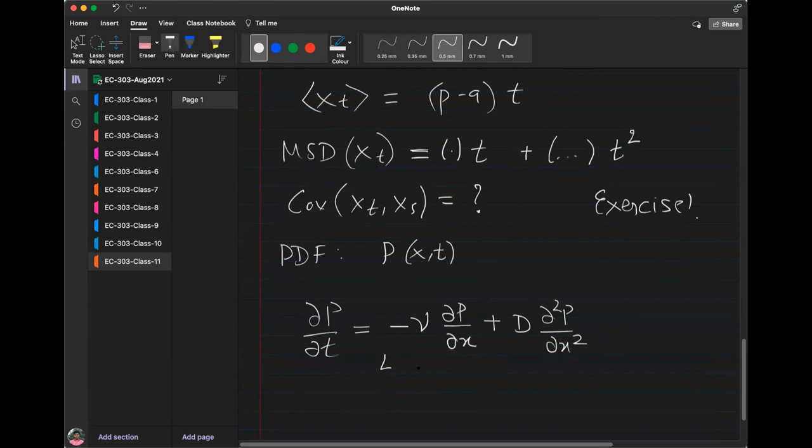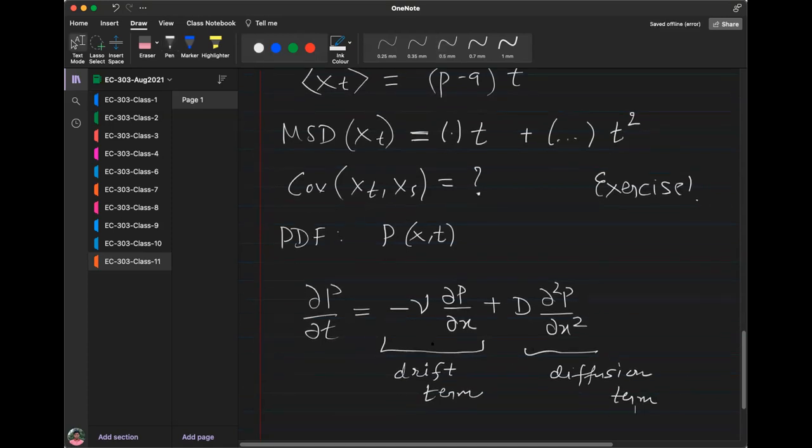This is also called the drift term, whereas this is the diffusion term. This entire thing captures what is called drift. Drift is something that is going in one direction, whereas diffusion is something that's spreading randomly.